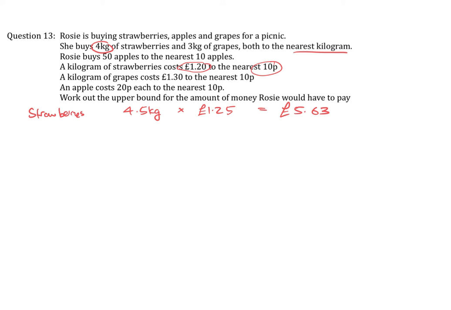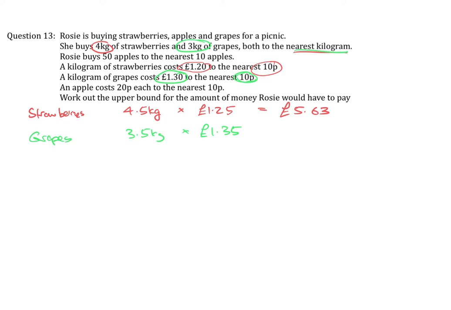Let's look at grapes. She buys 3 kilograms to the nearest kilogram. So again, the upper bound of that will be 3.5 kilograms. And grapes are £1.30 to the nearest 10 pence. So the upper bound of the grapes will be £1.35.